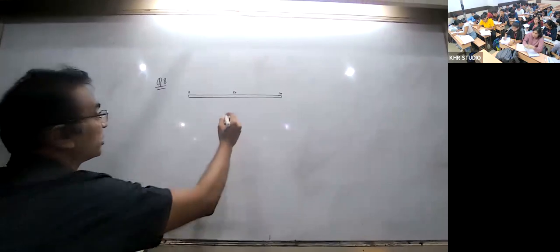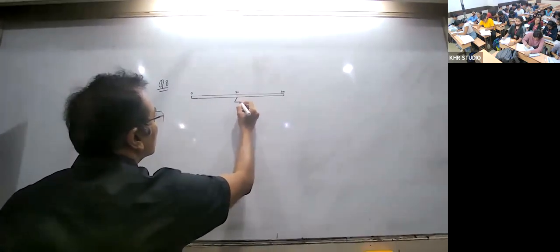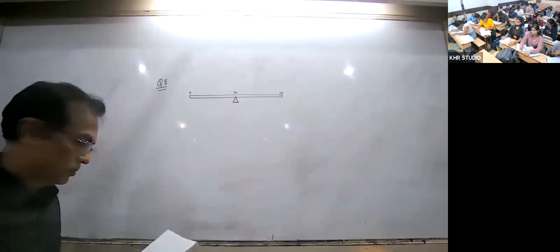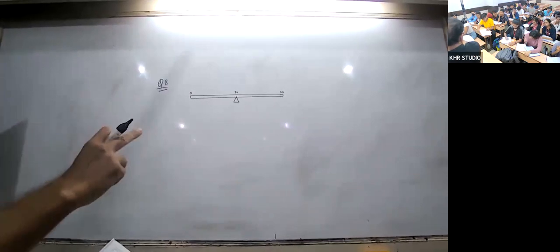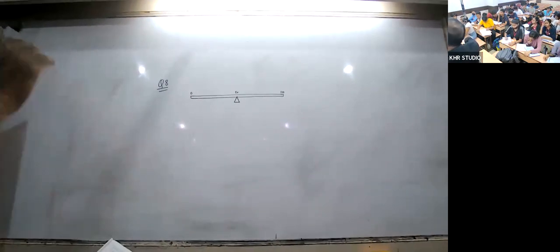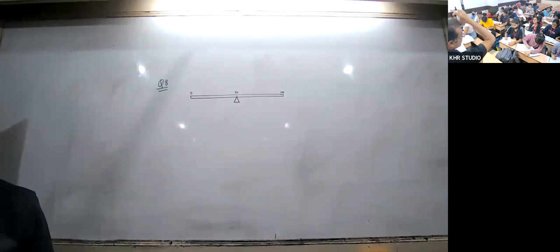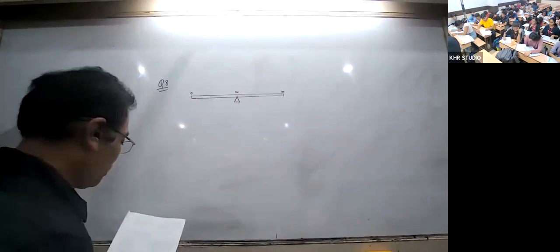So it is pivoted here. Make a habit of drawing a diagram for the given question. Then the scope of mistake will be minimized. So draw the schematic diagram for every question.